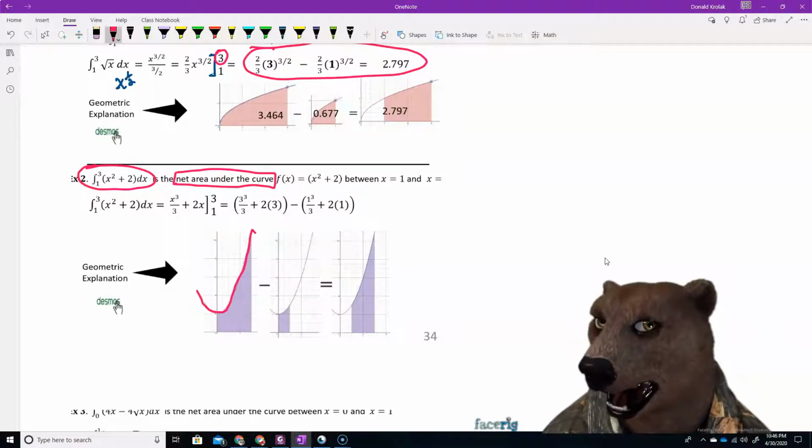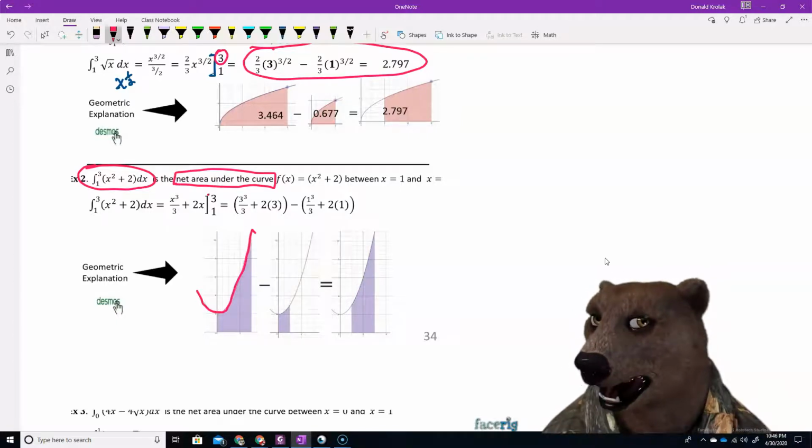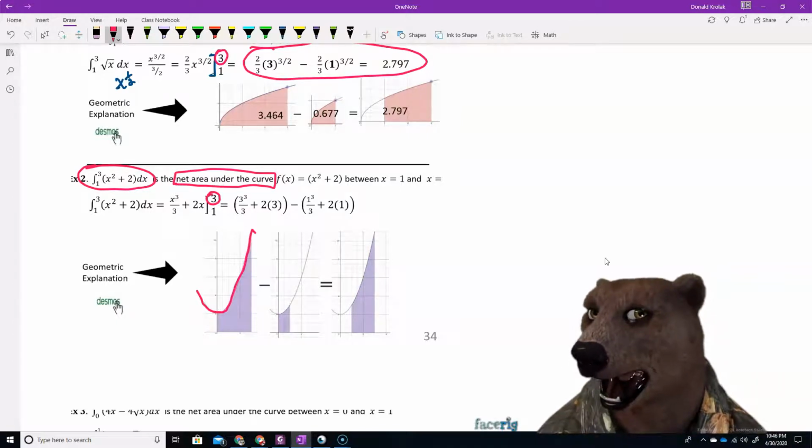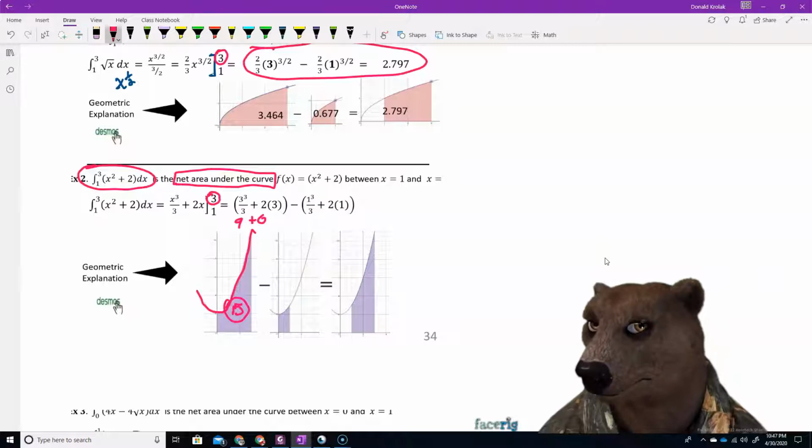And then I evaluate that from 1 to 3. The way you do that is you substitute in the upper bound first. So that would be 3 cubed, 27 divided by 3, 9. That's 6. So 9 plus 6. That means the area under this curve is 15.